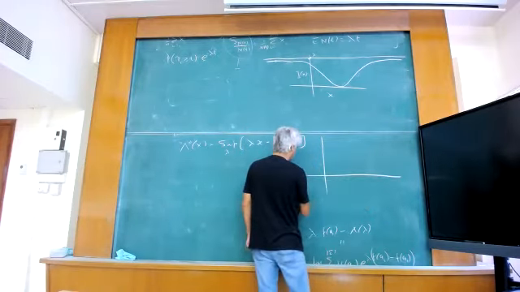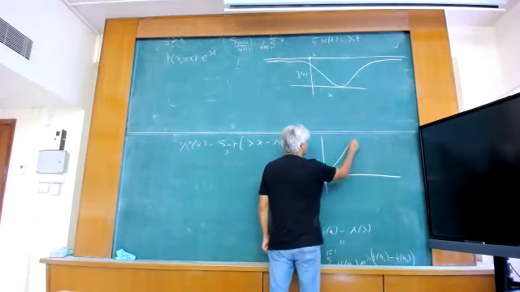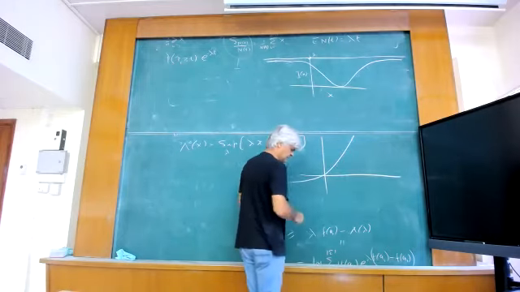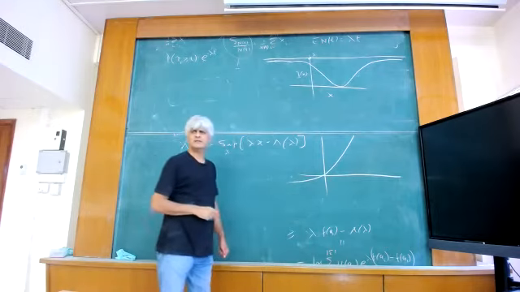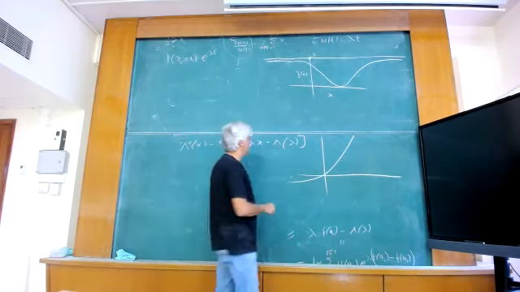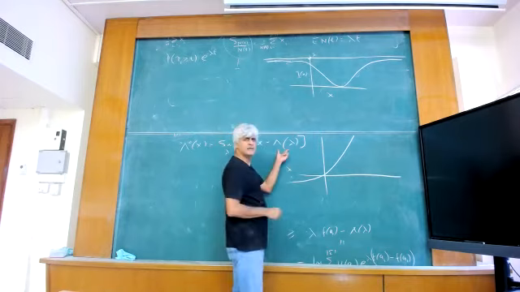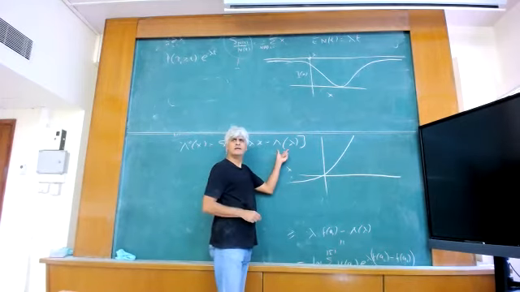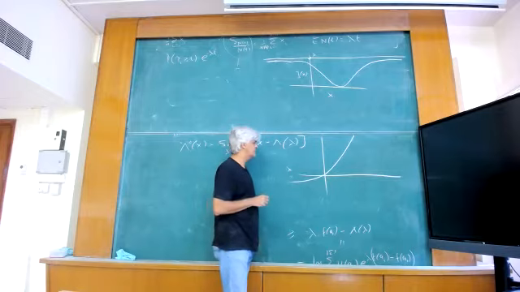If you know this is a convex function, maybe something like this, it is strictly increasing as a function of lambda, like e to the power lambda.